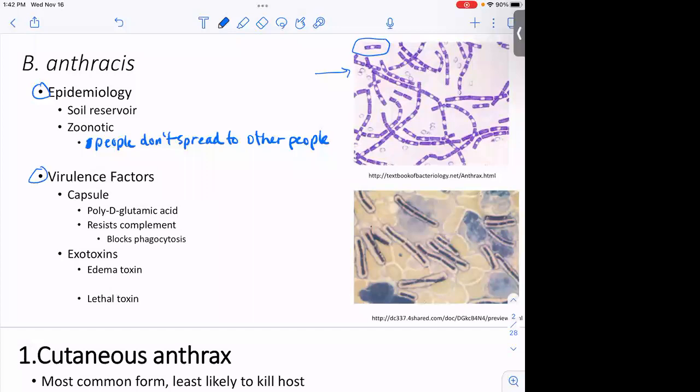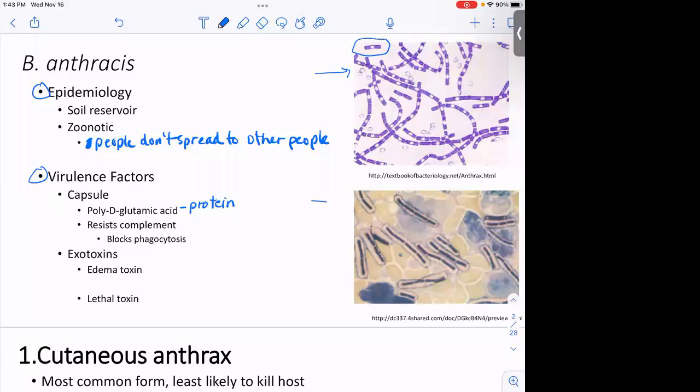Strains that don't make a capsule cause very mild disease. So something about that capsule helps it survive when those spores germinate in hosts. It's a kind of unusual capsule that has a pretty high composition of protein. Most capsules are polysaccharides, so that's unusual.